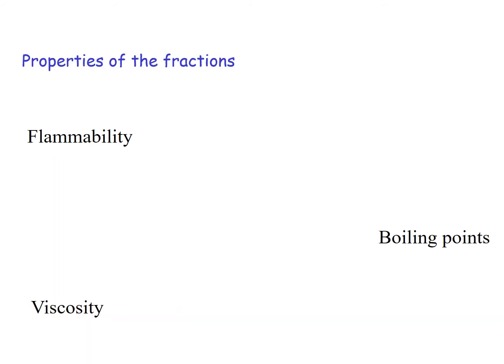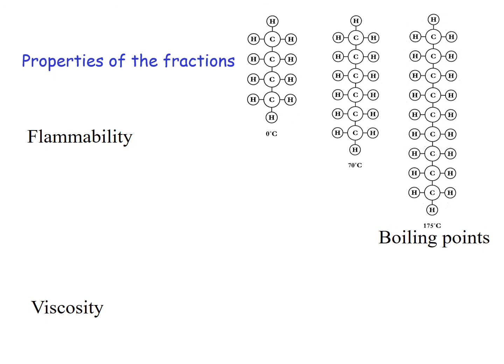Right, so we're going to look a little bit more at some of the properties of the fractions. We're always going to refer to the length of the carbon chain. We've already spoken about boiling points. Here I've got 3 hydrocarbons, which means that they contain only hydrogen and carbon, going from the shorter chain on the left to the longer chain on the right.